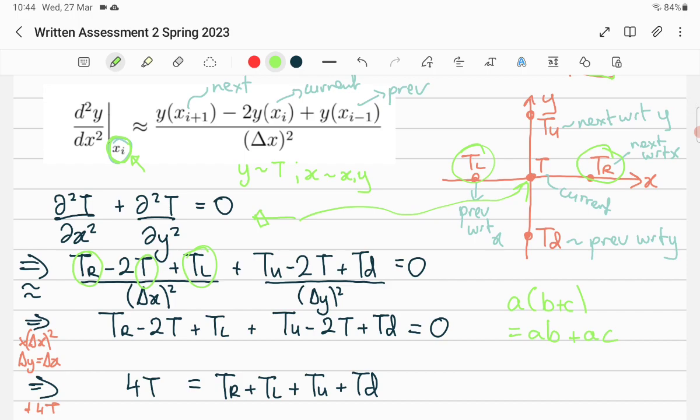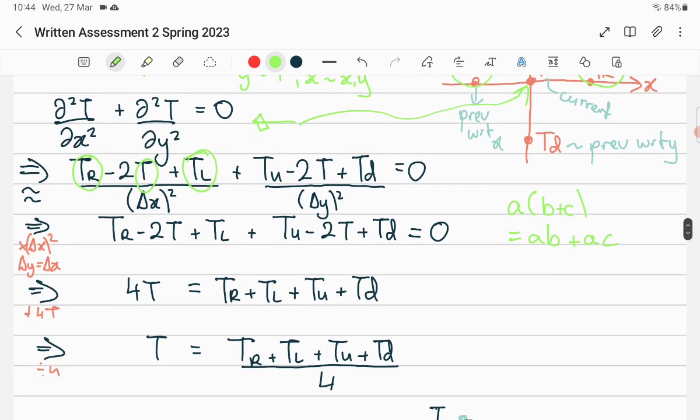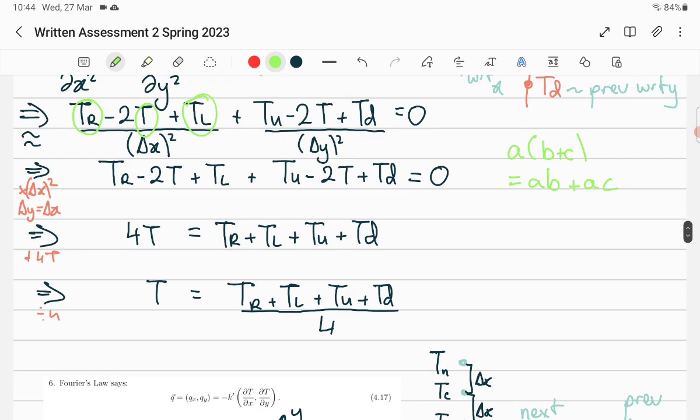And the second term has a division by delta y squared. Multiplying by delta x squared wouldn't obviously get rid of it, but in fact delta x is equal to delta y, so I've in fact multiplied by delta y squared, which will get rid of it. And from here, it's just a simple case of solving for big T. And we have shown that the temperature is indeed the mean of the adjacents.